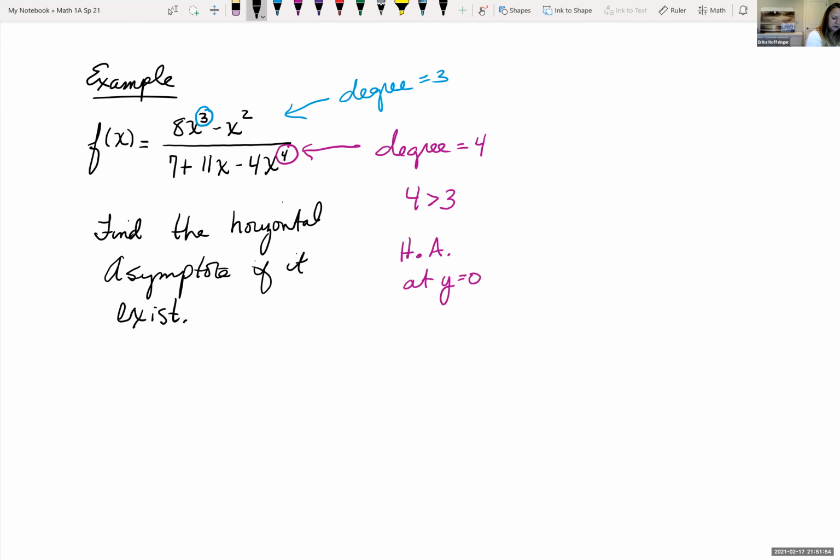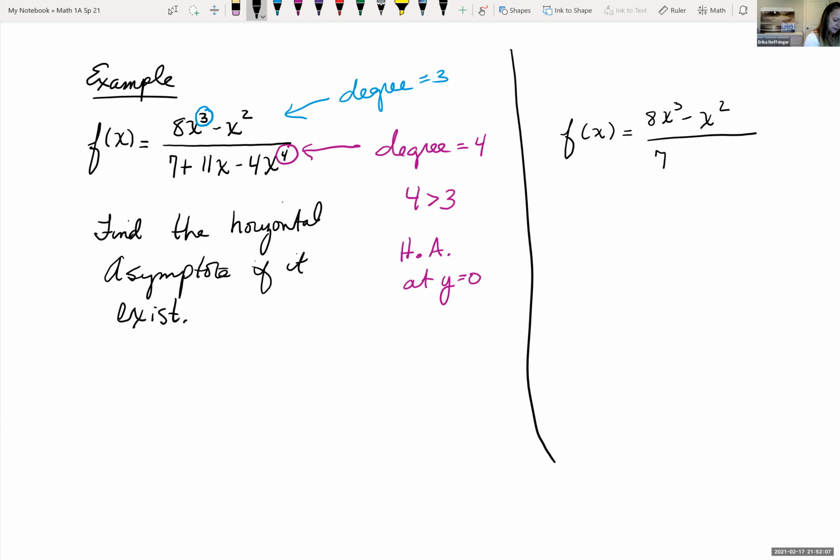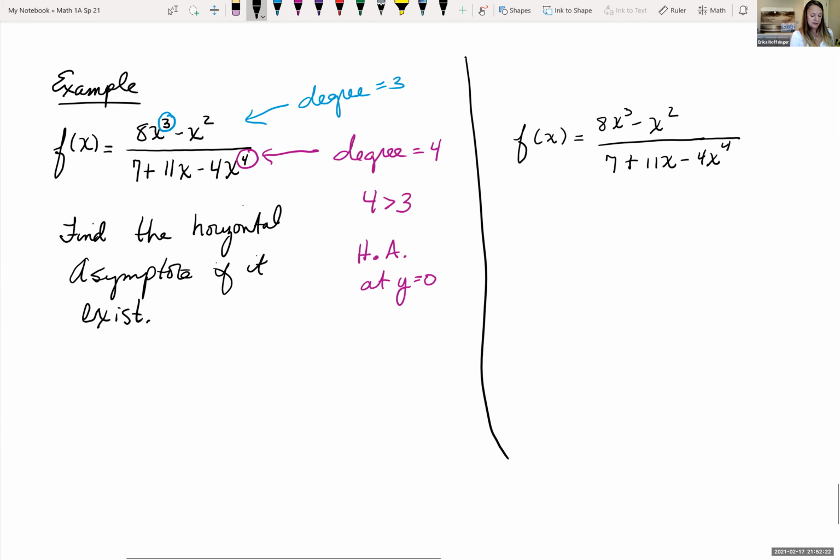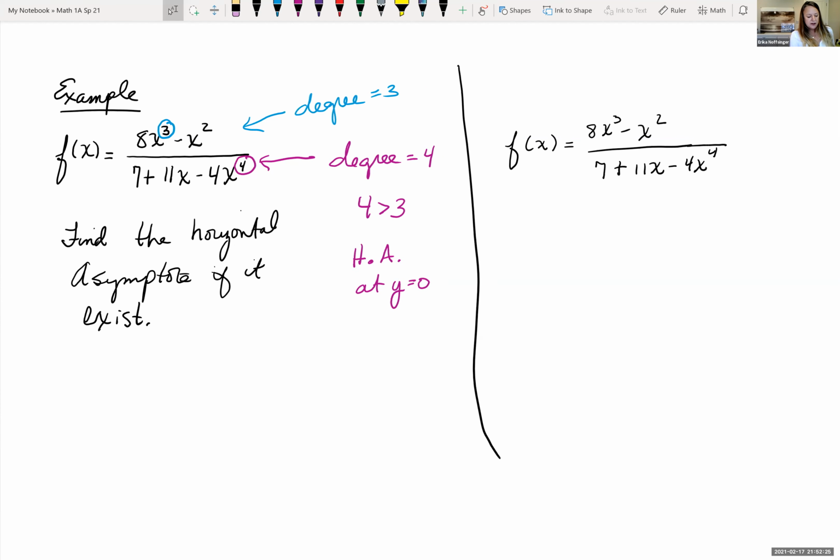The other way that you can approach this is to manipulate this. And we can manipulate this by looking at the degree of the denominator and multiplying by a fancy 1. And that fancy 1 is going to be 1 over the variable you're using raised to that highest power, the degree of the denominator. So if I looked at this, the degree of my denominator is 4.